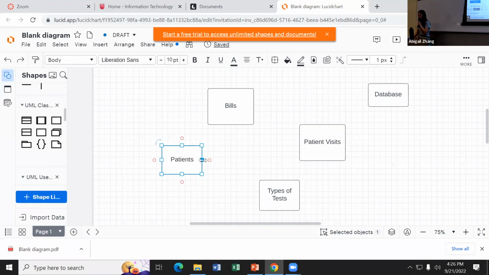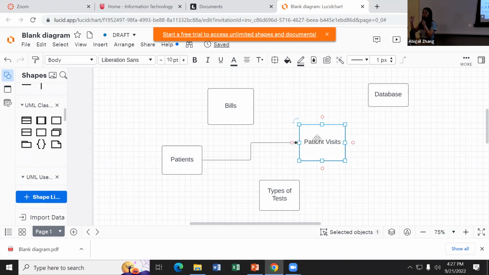Yes, patients definitely relate to patient visits, right? So let's establish the association here. You can do that by putting your cursor close to one class, and then you are able to draw a line between this class and the other one. So I am just connecting patient and patient visits.